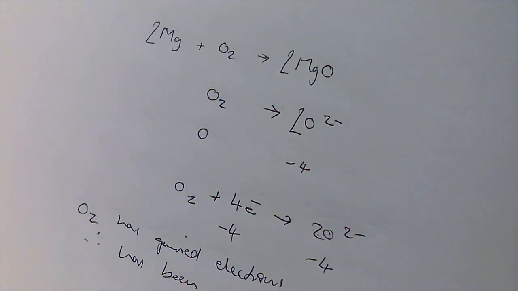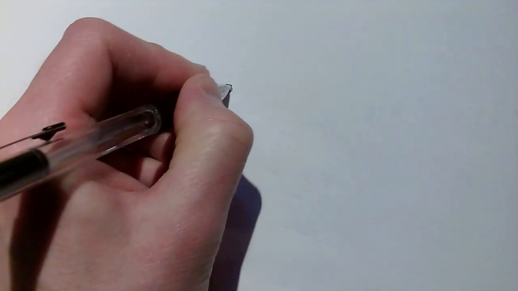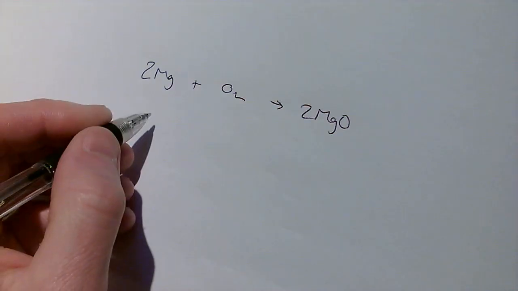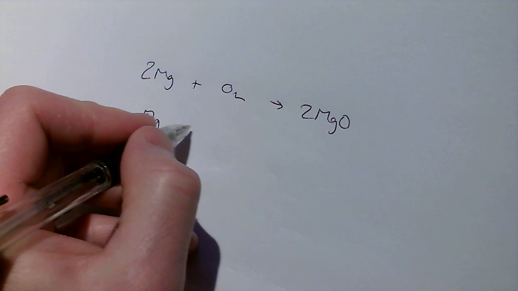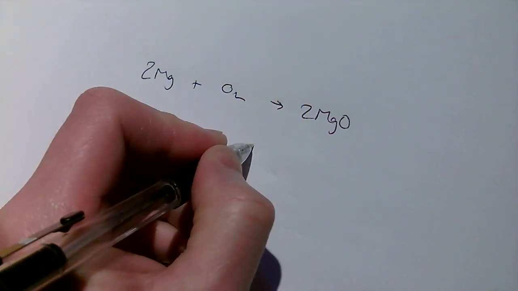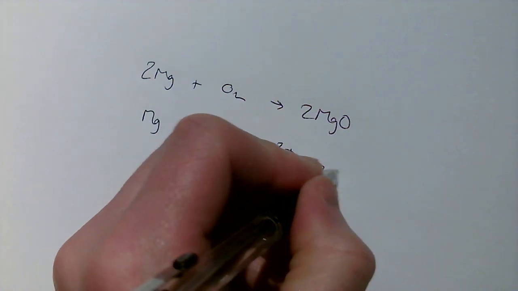So in summary then, I'm going to write the equation out again, because we've got to be really good at this. Mg plus O2 goes to 2MgO, balance that up there. So what happened here? This is a half equation: the Mg became Mg2+ plus 2 electrons.